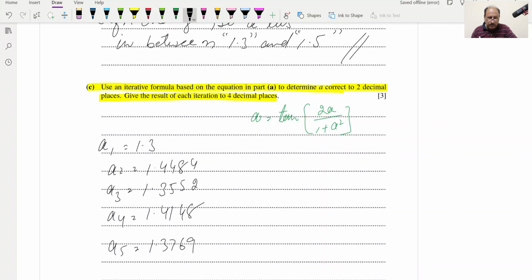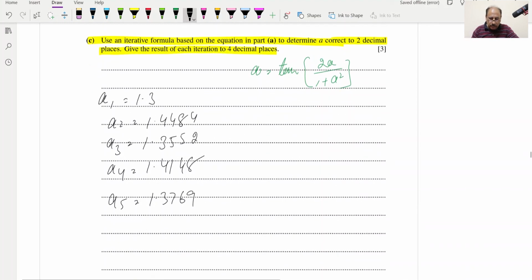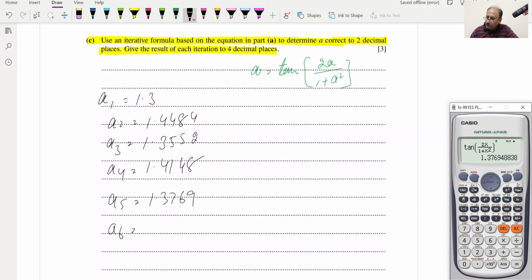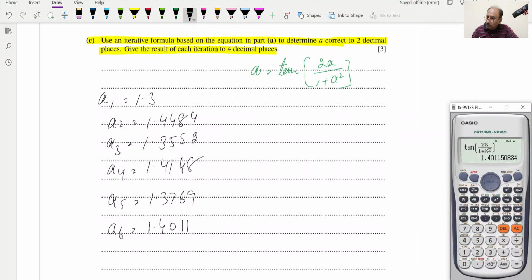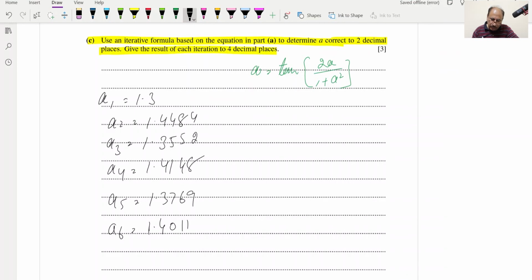Further we can take the sixth value, a6, which gives us 1.4011.